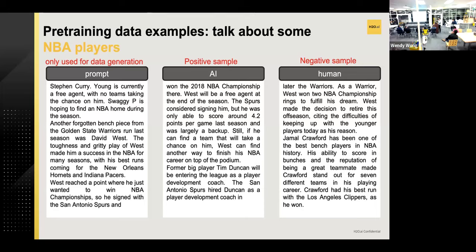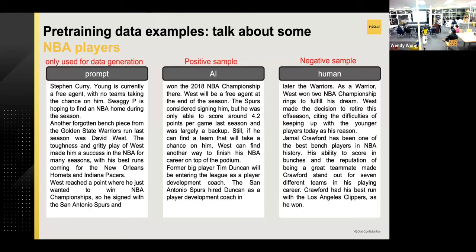That's the original text, the San Antonio Spurs and later the Warriors. And in the middle is the LLM generated text, and won the 2018 NBA championships there. So it looks pretty good, I mean the generation, but it might not be true. But it's okay. We're not talking about the actual facts of the text in this competition.